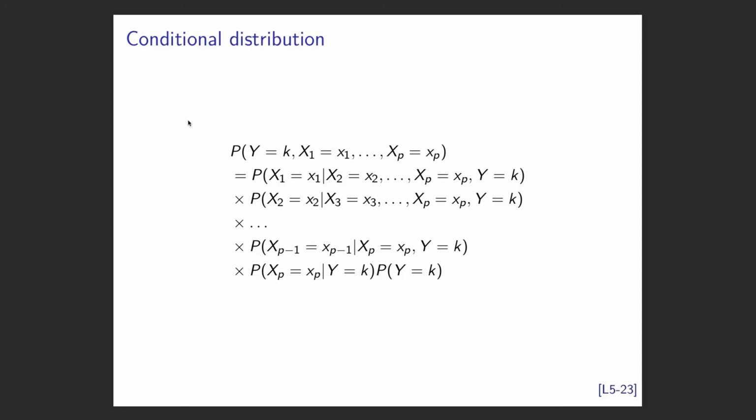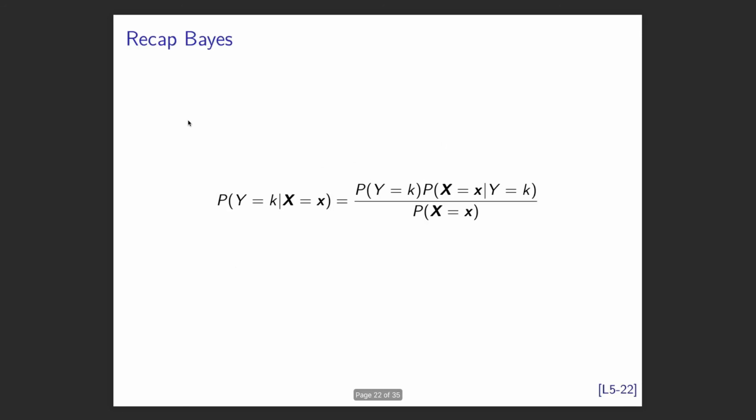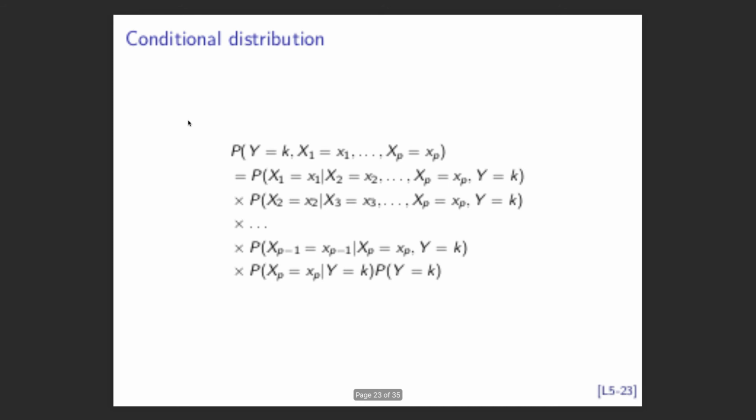And you can think about it: here we've got this X equals x in bold. But actually, what I want is that joint distribution. I'd like the probability that Y equals k and X1 equals x1, X2 equals x2, all the way up to Xp equals xp. Now I can write that as a series of recursive relationships.